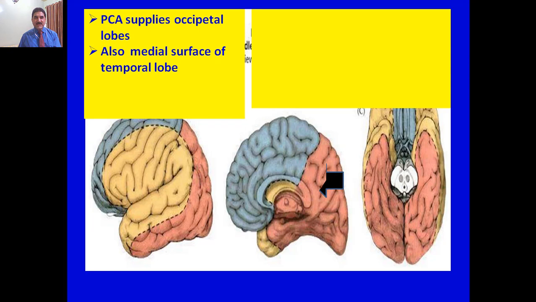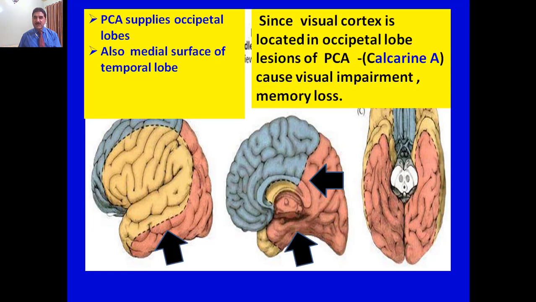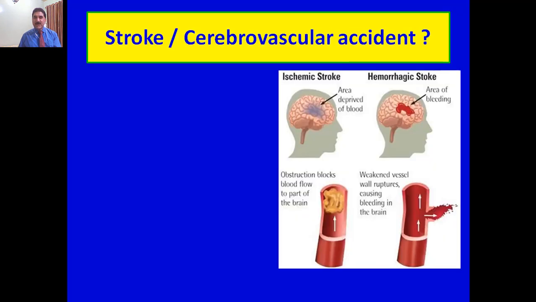It also supplies the medial surface of the temporal lobe. Since the visual cortex is located in the occipital lobe, lesion of posterior cerebral artery or calcarine artery, which is a branch of posterior cerebral artery, causes visual impairment in the form of homonymous hemianopia. It also causes loss of memory.